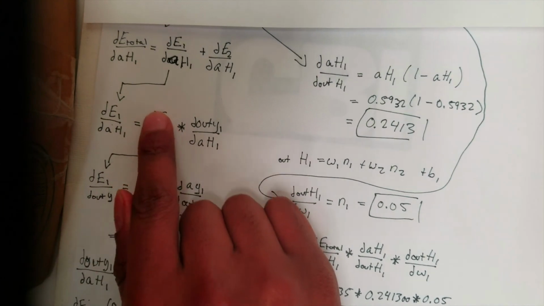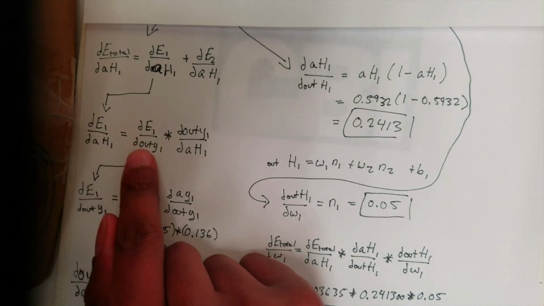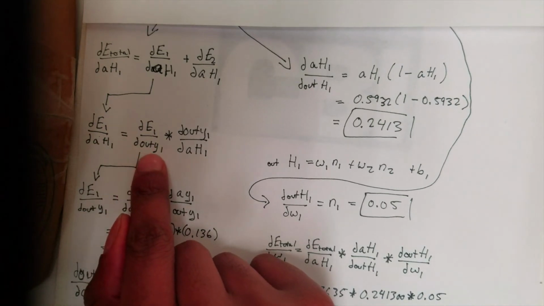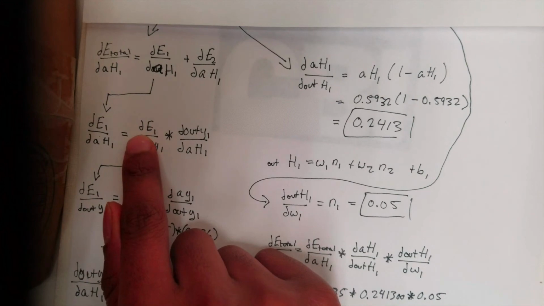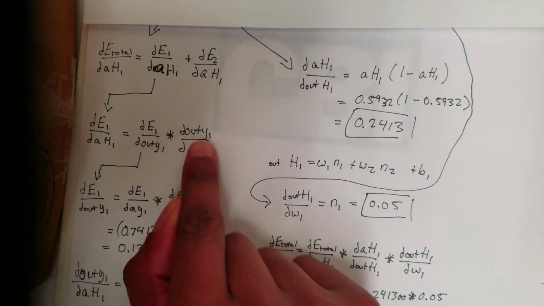So right now we're doing the contribution of activation H1 to error 1, which is equal to the output of Y1 with respect to the error 1 times the activation of H1 with respect to Y1.